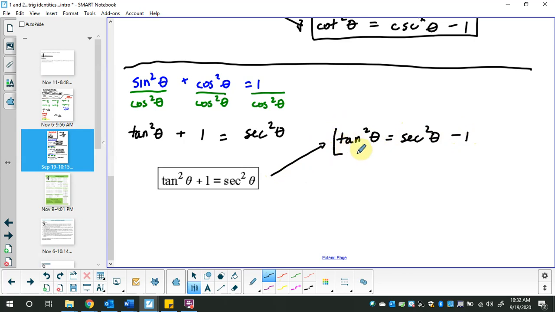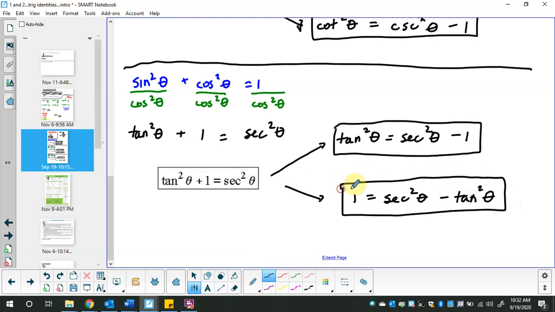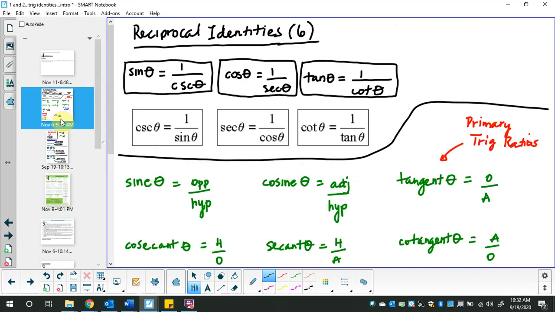So there's number 7, 8. And finally, leave the 1 behind, leave the secant squared theta where it is, bring the tan squared theta over. So if I've given you the ability to use a resource sheet, what I expect is the 28 or 29 identities, but right now you could list off 17 of them.